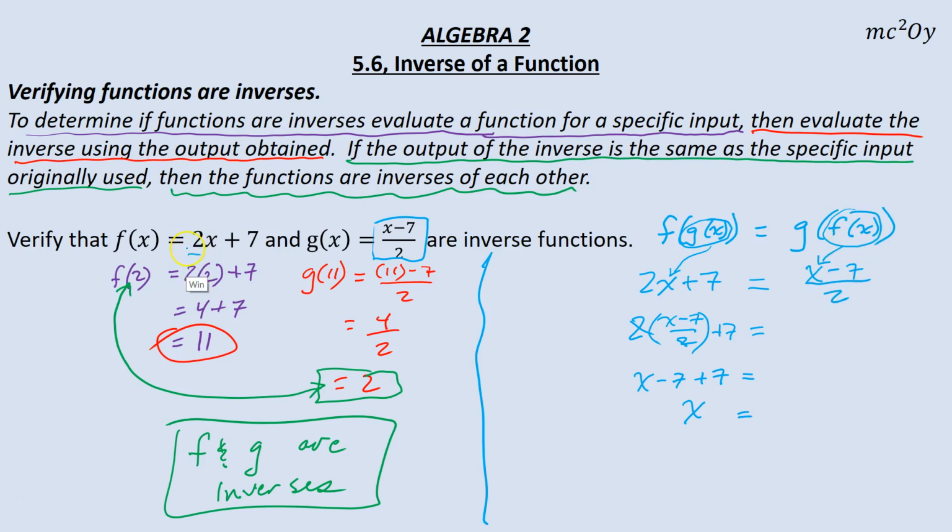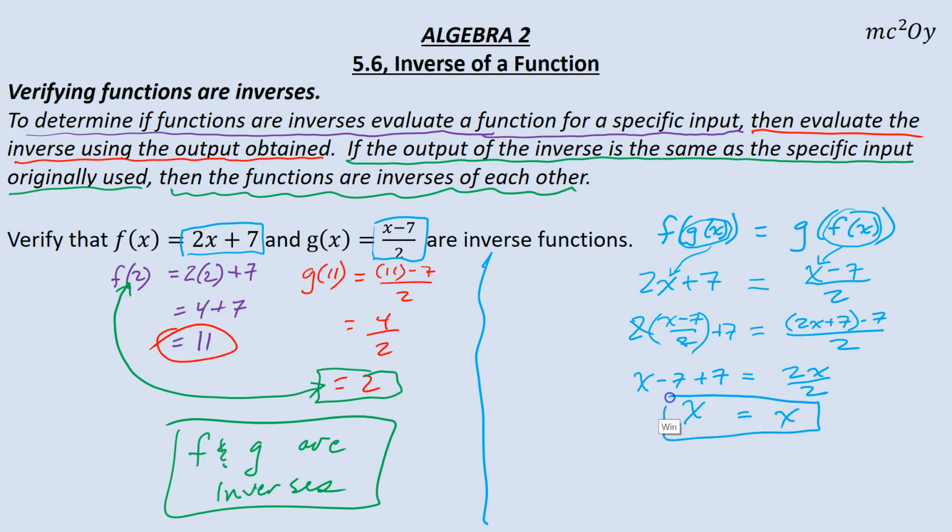Well, f is 2x plus 7. So I now have 2x plus 7 minus 7 over 2, which is 2x over 2, which is x.